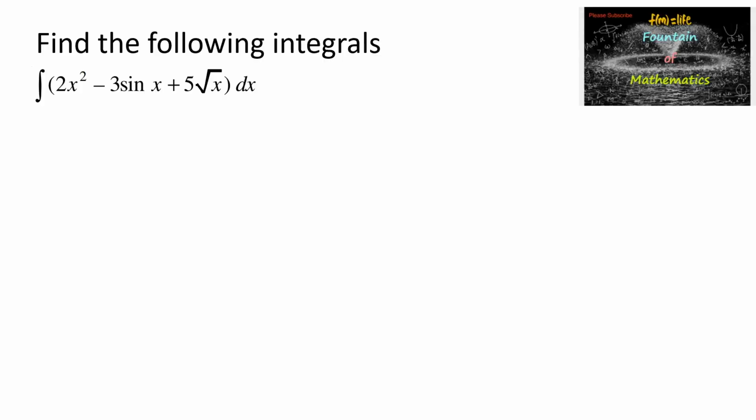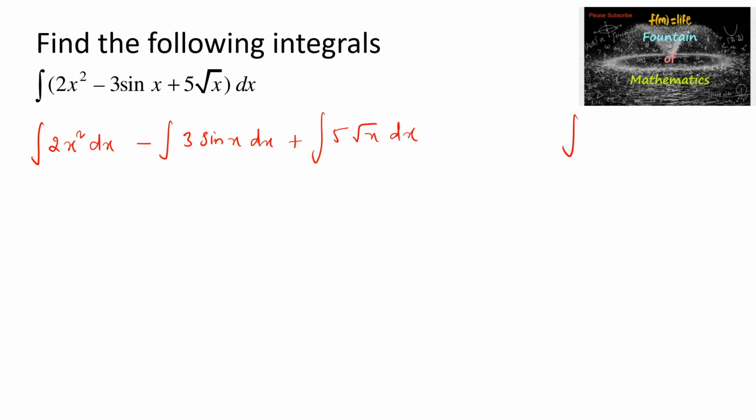Find the integral of 2x squared minus 3 sin x plus 5 root x dx. So we can write it as the integral of 2x squared dx minus the integral of 3 sin x dx plus the integral of 5 root x dx.